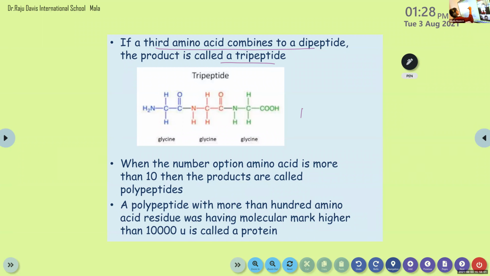This is the structure of glycine. Okay, NH2, CH2, COOH.